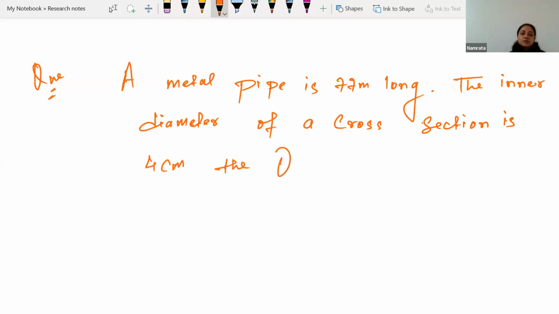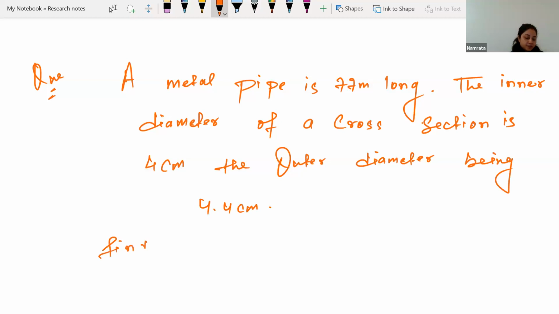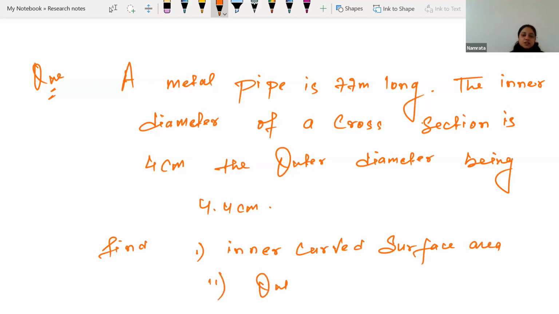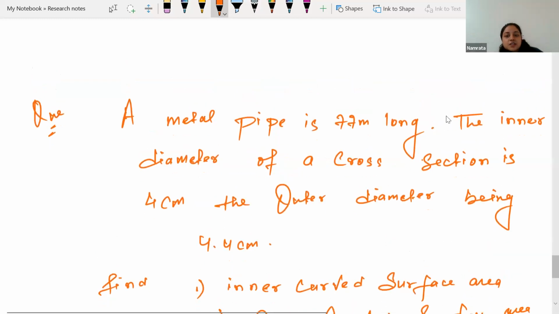The outer diameter being 4.4 centimeter. Find inner curved surface area. Outer curved surface area and the last one is total surface area.